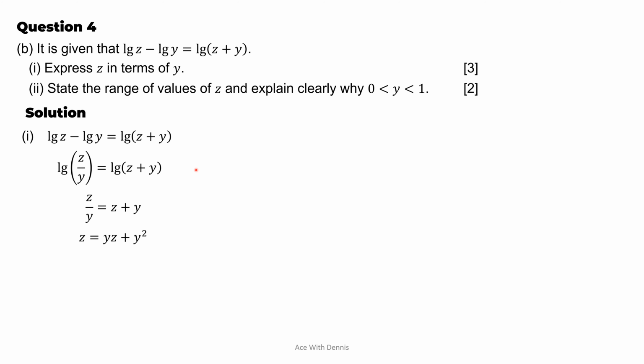Then we move y to the right-hand side, we get z equals yz plus y squared. And we move the term with z to the left-hand side, we get z minus yz equals y squared. Factorize the z, we get z bracket 1 minus y equals y squared. Hence, z equals y squared over 1 minus y.